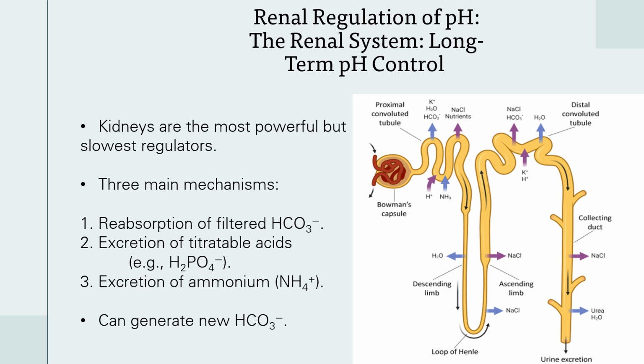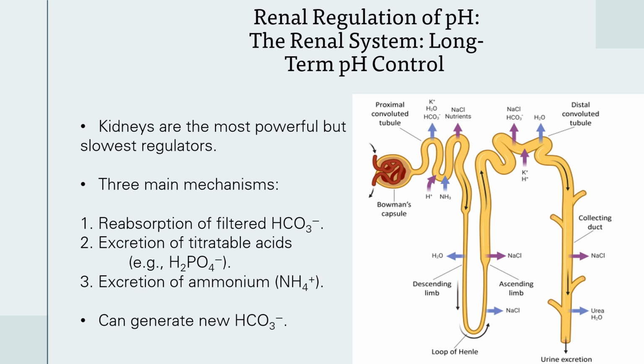So in this longest adjustment period in the kidney, what is involved is bicarbonate reabsorption, excretion of titratable acids, including phosphoric acid, and phosphate is involved in the intracellular fluid, so it will be soaking up hydrogen ions if there's too much acidity there. Excretion of ammonium is also part of that filtration system.